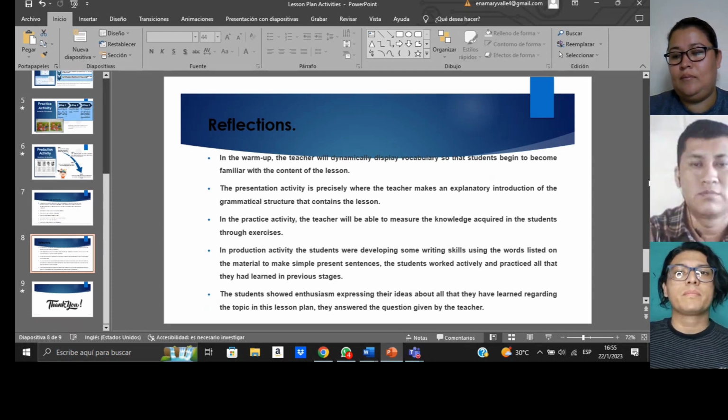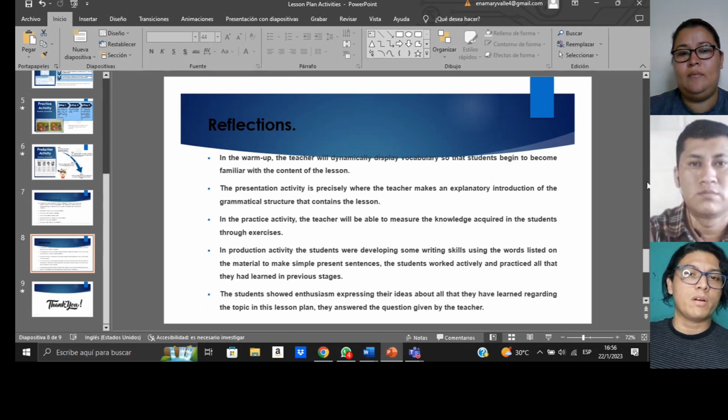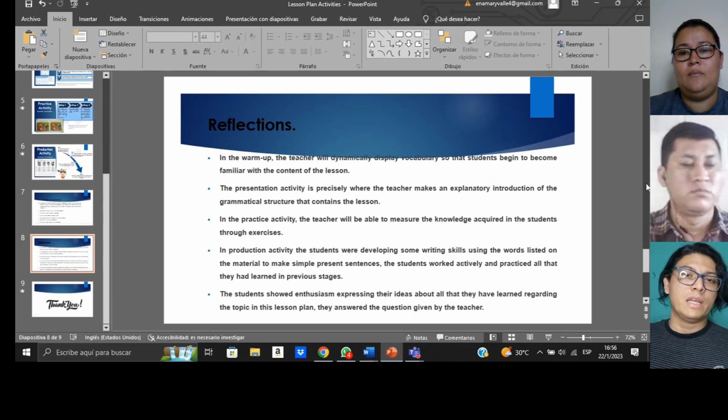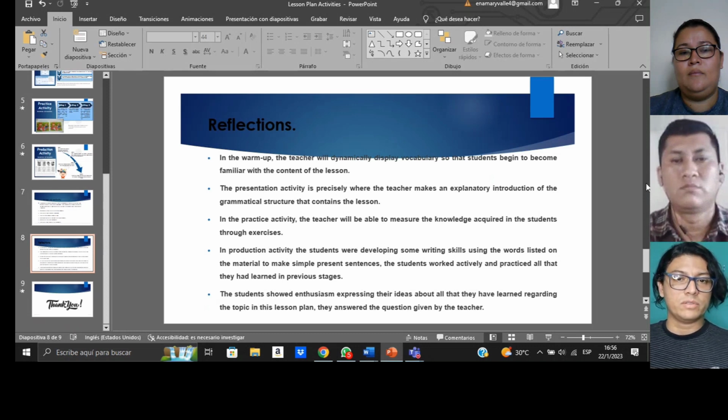In the wrap-up, the teacher will dynamically display vocabulary so that students become familiar with the content of the lesson. The presentation activity is precisely where the teacher gives an explanatory introduction to the grammatical structure.